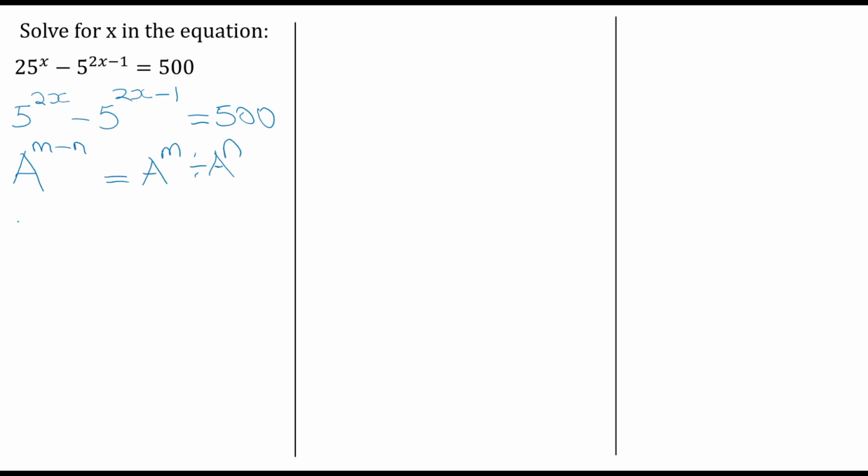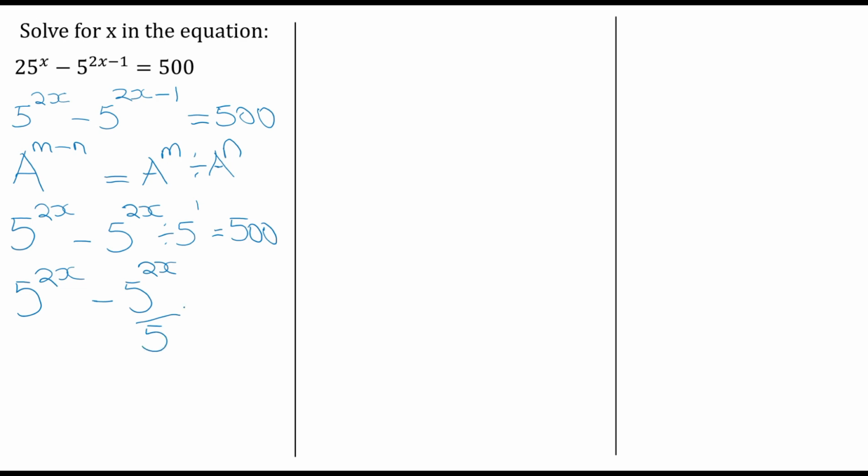In this particular case, we have 5 to power 2x minus 5 to power 2x divided by 5 to power 1 is equal to 500. You can rewrite this further as 5 power 2x minus 5 to power 2x over 5 is equal to 500.